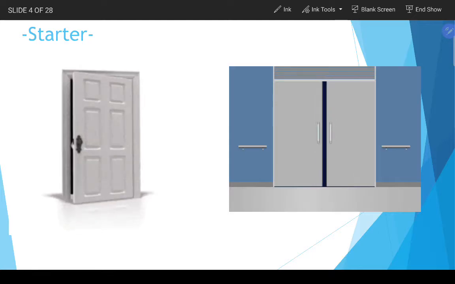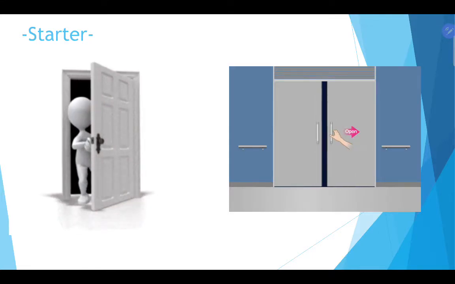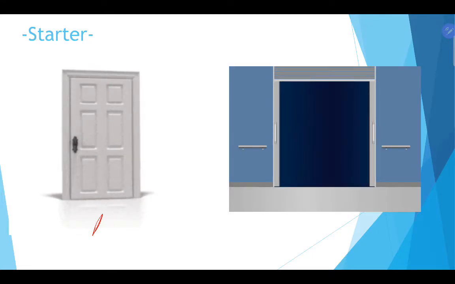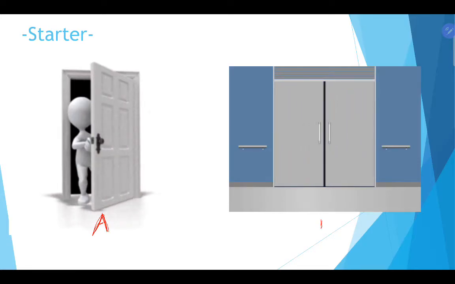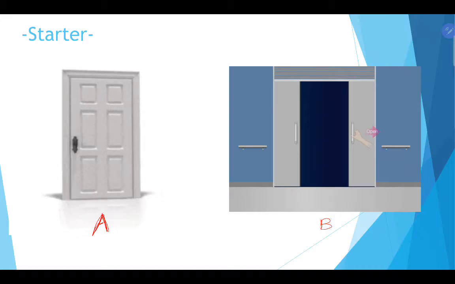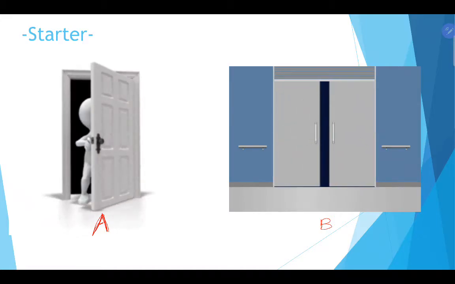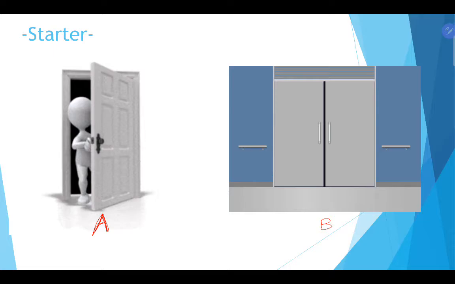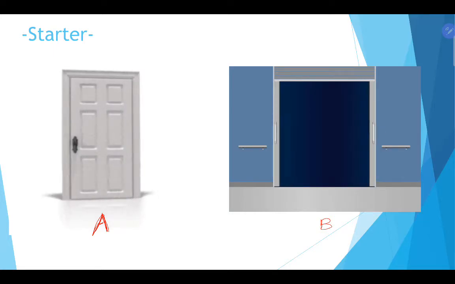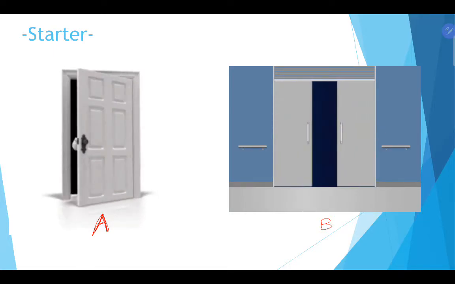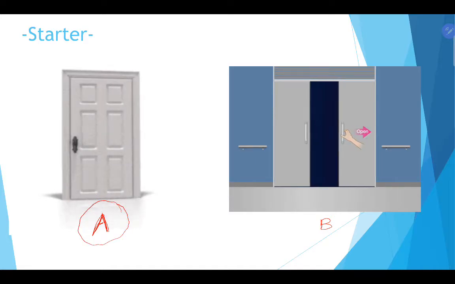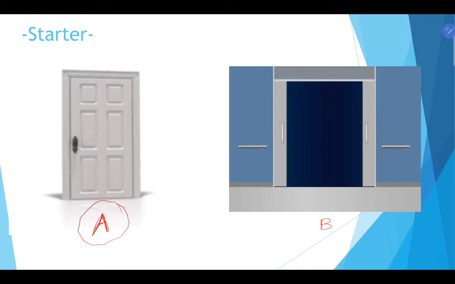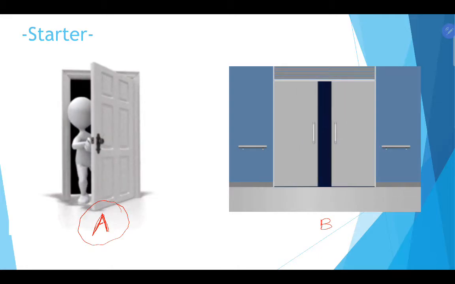Let's name the first door, door A, and the other one, door B. Door A is when you open and close the door as usual. Door B is when you slide the door open and close. So in this sense, door A is the one that has a turning effect of moment.